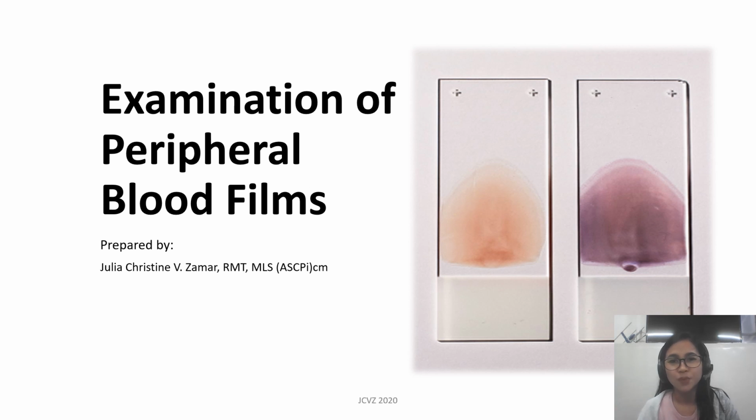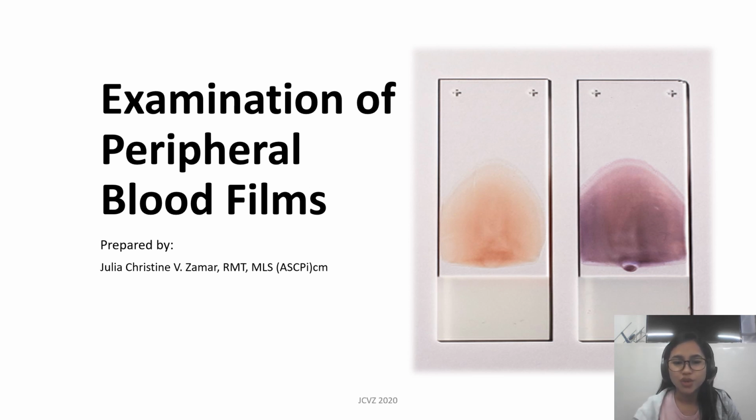If you want to do the leukocyte differential count, your peripheral blood film is a very effective way of performing a manual count of the different white blood cells in your patient sample. Also, if you want to perform platelet estimates or WBC estimates, you can make use of your peripheral blood film.